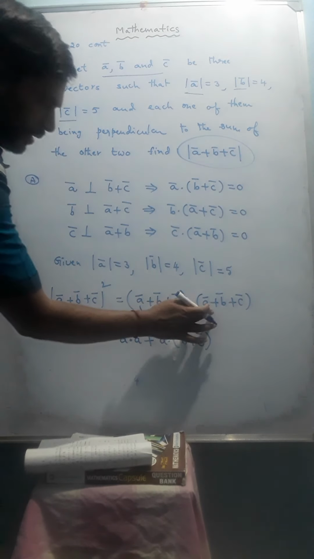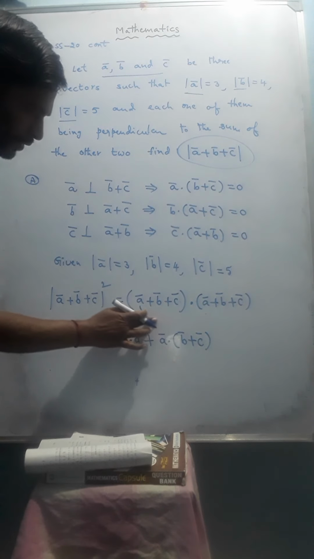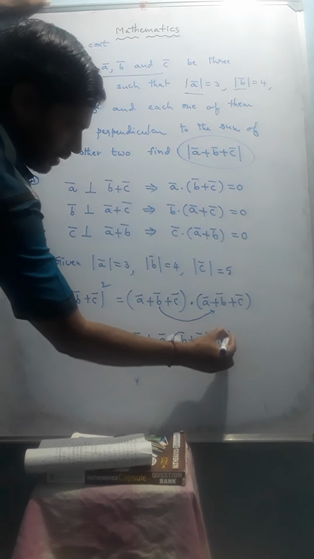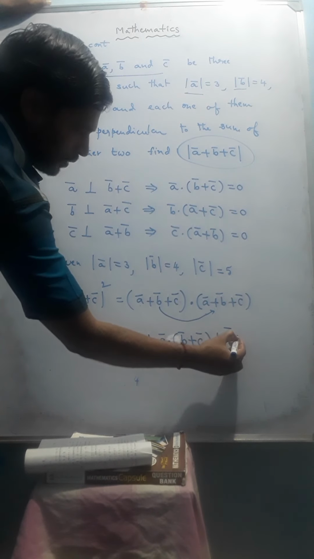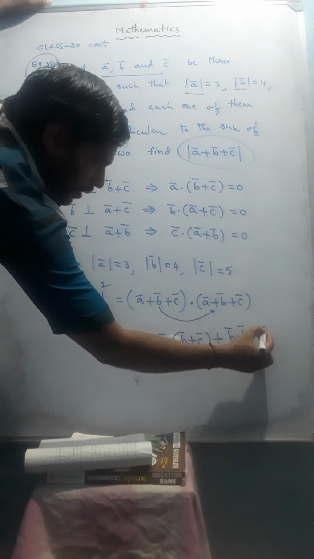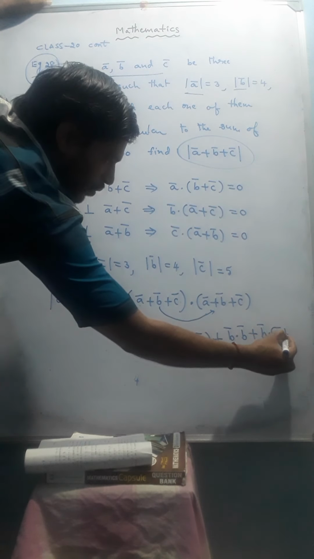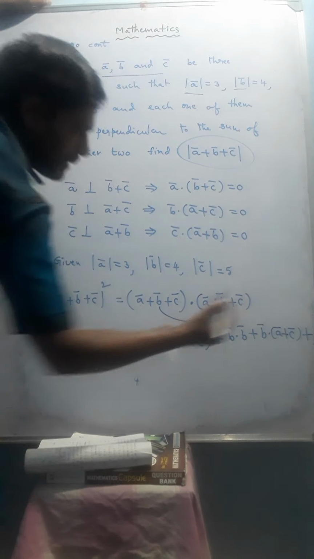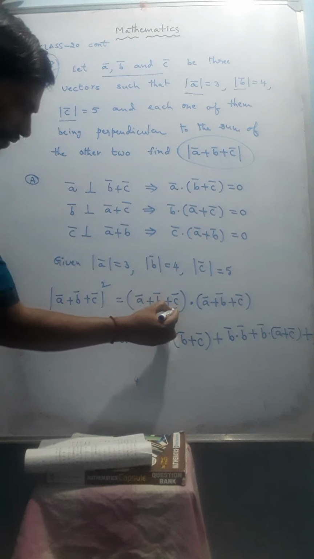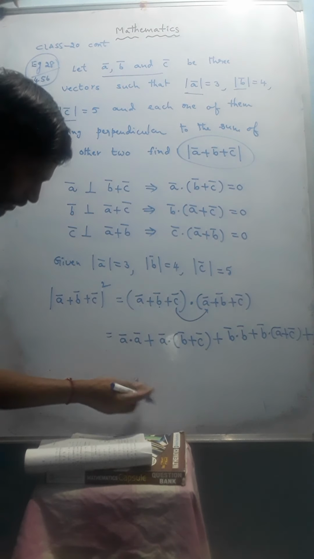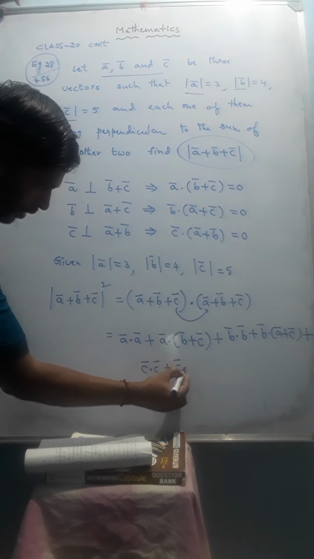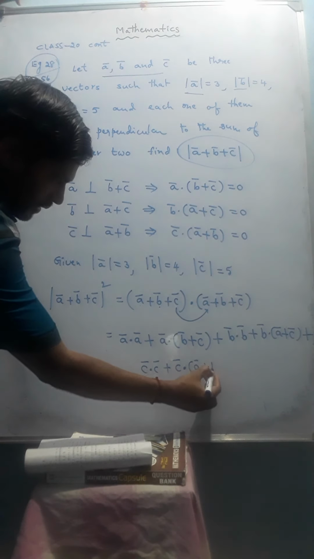So with A vector it is over. Now take B vector, so apply these three. Then plus B vector dot B vector, plus B vector dot the remaining two, means A vector plus C vector. Now take C vector. So C vector dot C vector plus C vector dot A vector plus B vector.